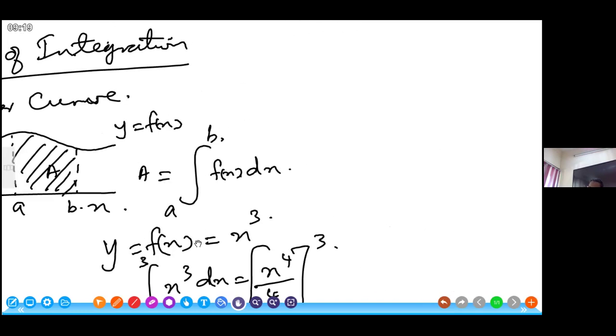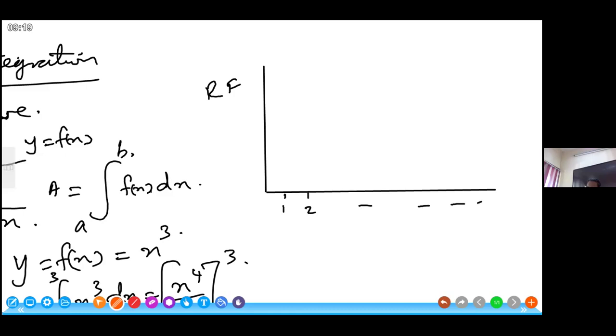Take, say, as an example, rainfall throughout the year: the first month, second month, up to 12 months. Rainfall up to 12 months, right? Doesn't matter whatever the graph.